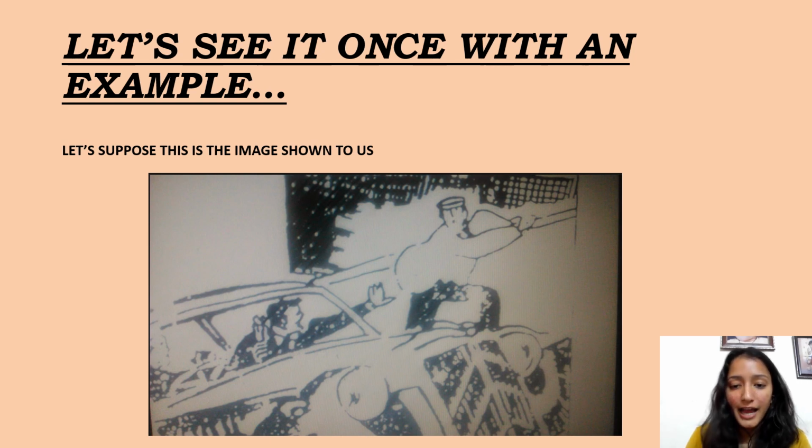So for me, I can see there are three characters in my picture. This man here, and the driver here. Obviously, the driver might not be very clear in the picture, but he certainly is a part of it, and he must be mentioned. That's how they check how alert you are or how quick you are to grab the surroundings of the picture or to grab the essence of the picture.